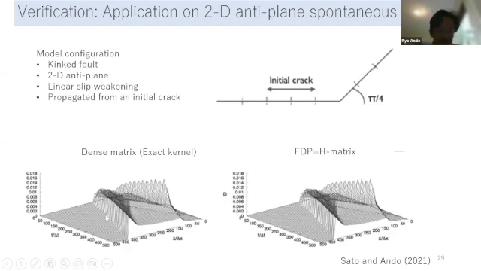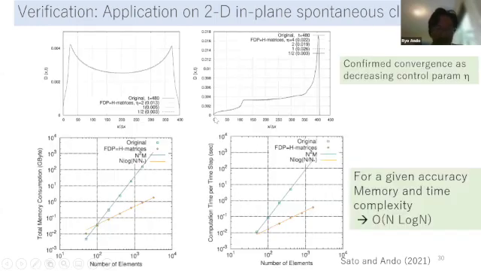All right, and this is just to qualitatively compare the progress of the slip rate. This is the time. This is the length along the fault. So it's very difficult to find the difference between them. Okay, and this is a closer look at the dependence on some efficiency controlling parameter.